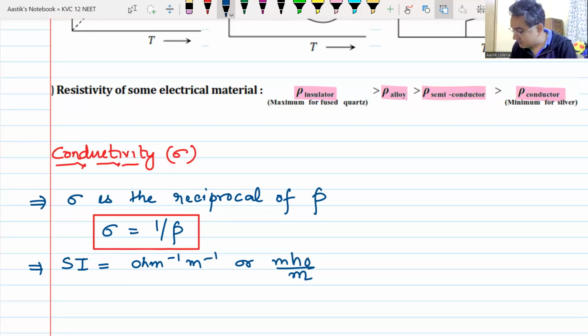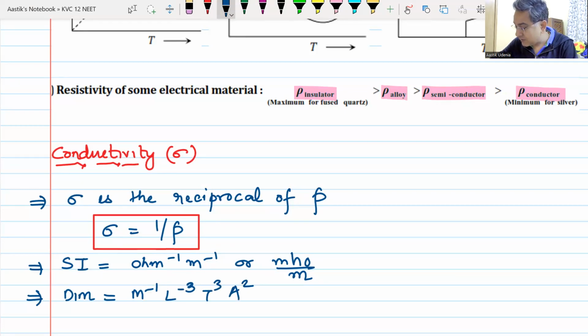Yes, sir. The dimension of this becomes the reverse of the dimension of your resistivity. So it becomes M minus 1 L minus 3 T cube A square.